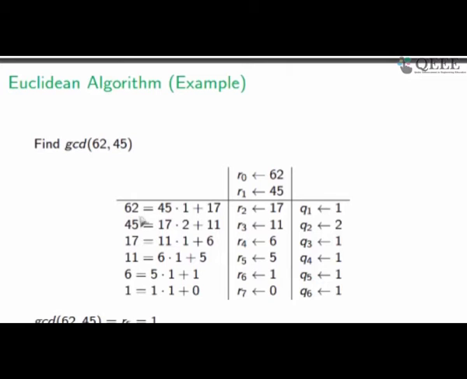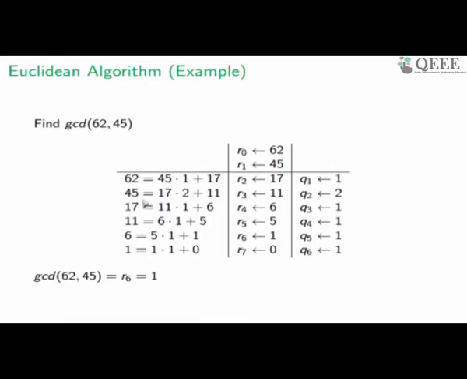So 62 could be written as 45 into 1 plus a remainder of 17. So R2 becomes 17 and the quotient Q1 becomes 1. So this 1 comes here and this 17 is the remainder. Now in the next step, you take R1, that is 45, and this 17.